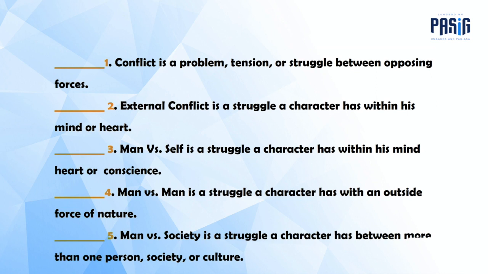Number 3. Man versus self is a struggle a character has within his mind, heart, or conscience. Number 4. Man versus man is a struggle a character has with an outside force of nature. Number 5. Man versus society is a struggle a character has between more than one person, society, or culture.